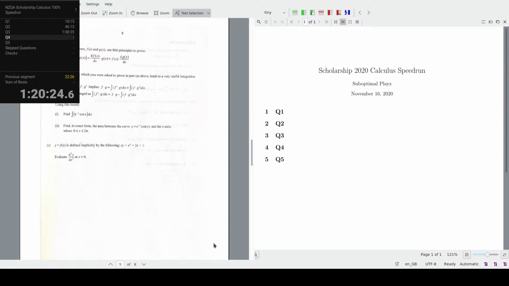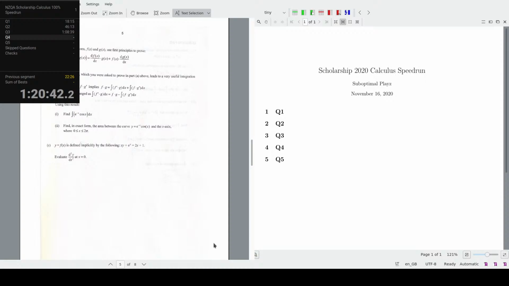Alright, what if we let f be e to the negative x? Then f prime is still negative e to the negative x. But if we let g prime be cos x, then g is equal to sin x, alright?